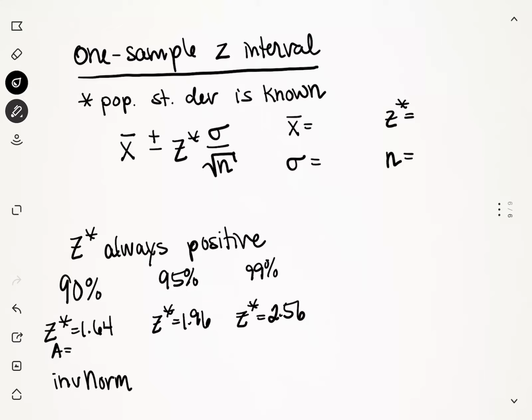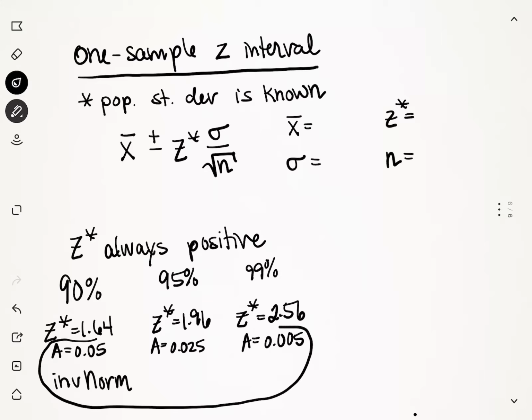So 100% minus 90% makes 10%, and cut that in half, so that is 0.05. Half of 5% would make the area 0.025 for a 95% confidence interval, and the area for a 99% interval would be 0.005, half of 1%. So if you're doing inverse norm, make sure you're looking at the area of just one of those tails.